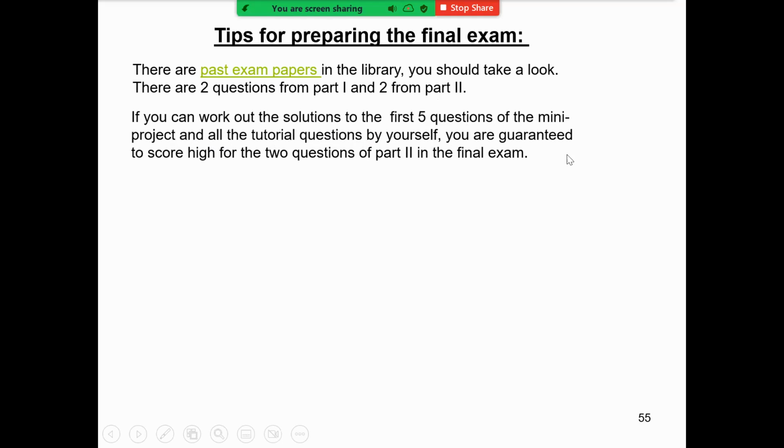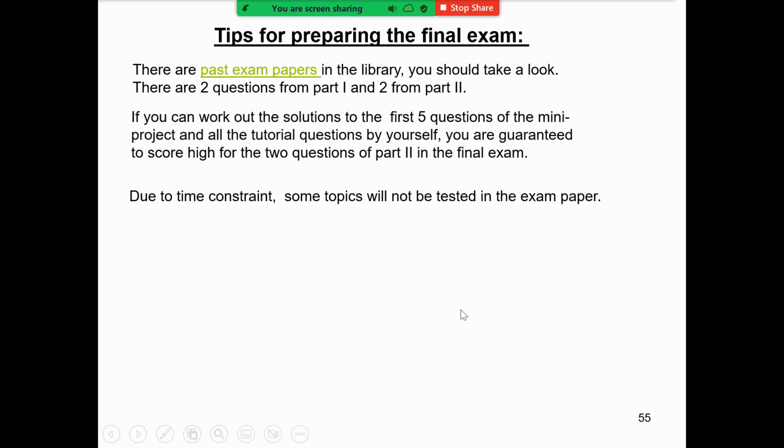If you can do it, you are guaranteed to score high for my part. The difficulty level of my exam questions will be comparable to those tutorial problems. It cannot be higher than that. Definitely it will be much easier than the problems for your mini project. You are not going to deal with a 6-order system.